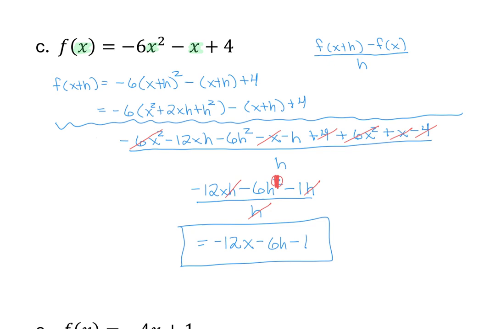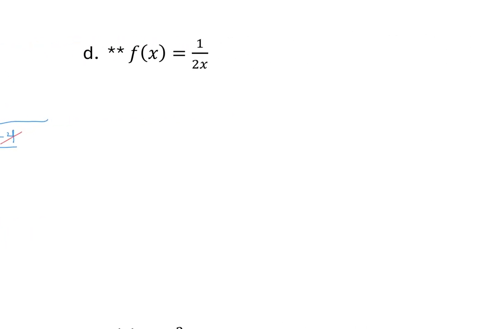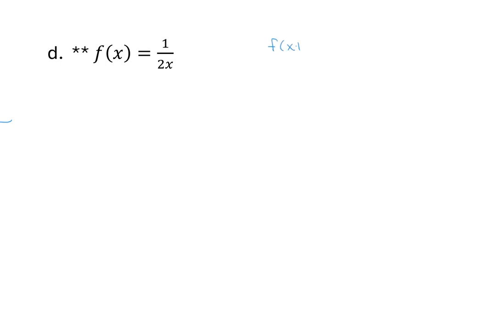Most of the time in this class, we are going to be playing around with polynomials and pretty much the quadratics. But we can extend this idea to the harder ones. So let's look at a rational one just to kind of switch it up a little bit. All right, we have our function again. We have f of x plus h minus f of x.